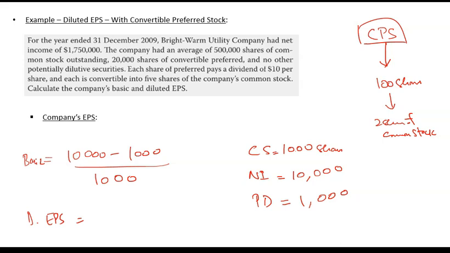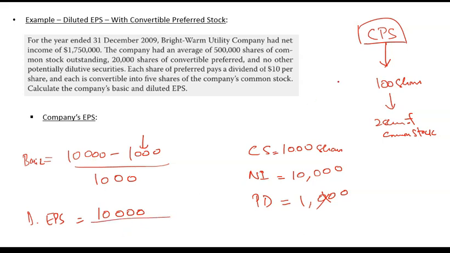Why 10,000? Why not 9,000? Because this 1,000 was dividend for preferred share. If I am assuming that preferred shares have been converted into common shares, that means this dividend will not be paid. And if this dividend is not being paid, my total net income available to common shareholders is 10,000. So the numerator will be 10,000.